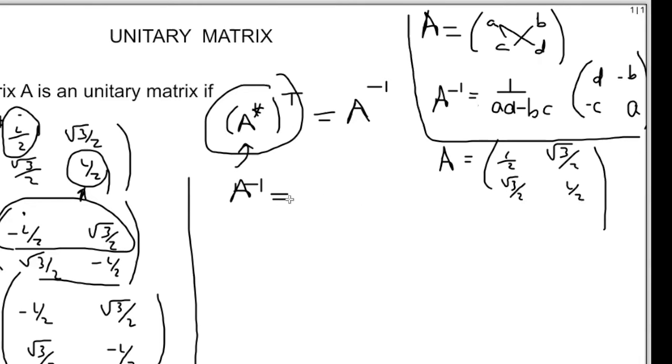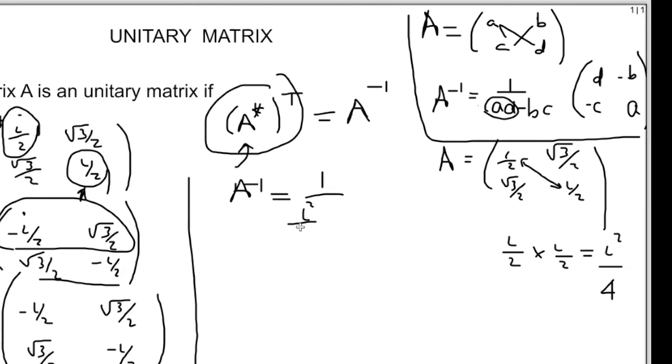So to find the inverse, it's 1 over the determinant, where I'm going to multiply these two. So this is a times d. So if I have i over 2 times i over 2, i times i is i squared. And 2 times 2, that's 4.